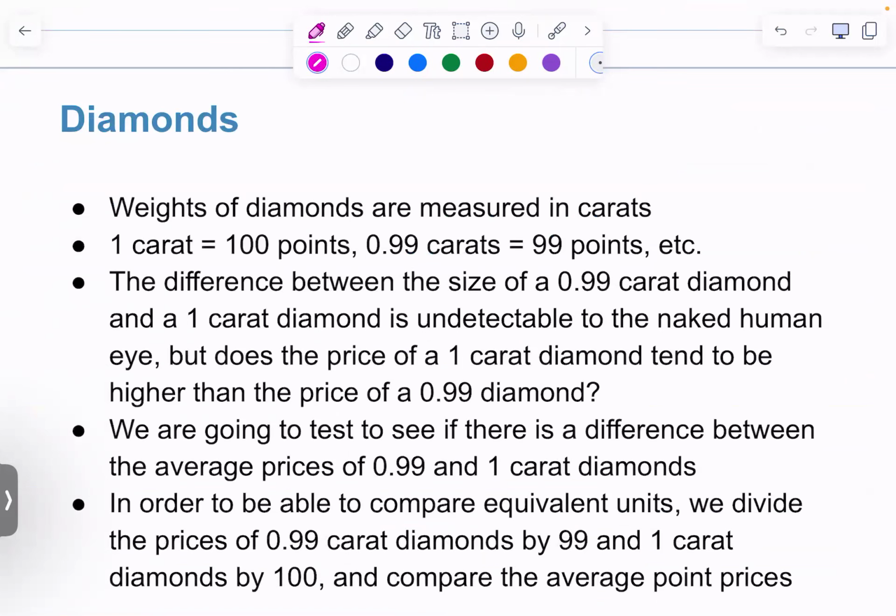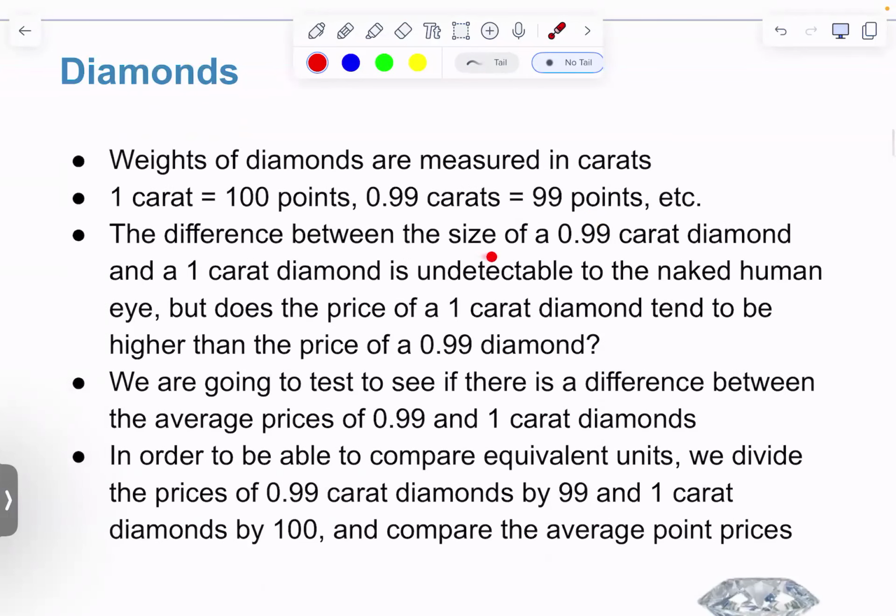Our example is about diamonds. So in case you're unaware, weights of diamonds are measured in carats. Now, just for our calculations, we're going to say that 1 carat is 100 points, and 0.99 carats would be 99 points, etc. I'm not entirely sure why they made that adjustment, but we'll just go with it.